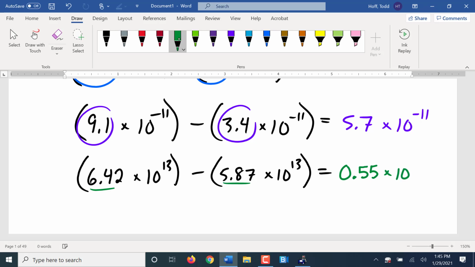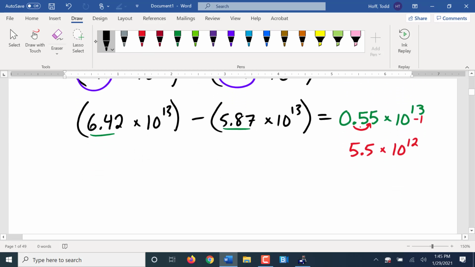Times 10 to the 13th. We keep the same name. Now here, all we have is zeros in front of our decimal point. So we've got to move it the other direction to make that 5.5. There you go. The number got larger by 1 place value. The power gets smaller. 13 minus 1 is 12. So send it to the 12.